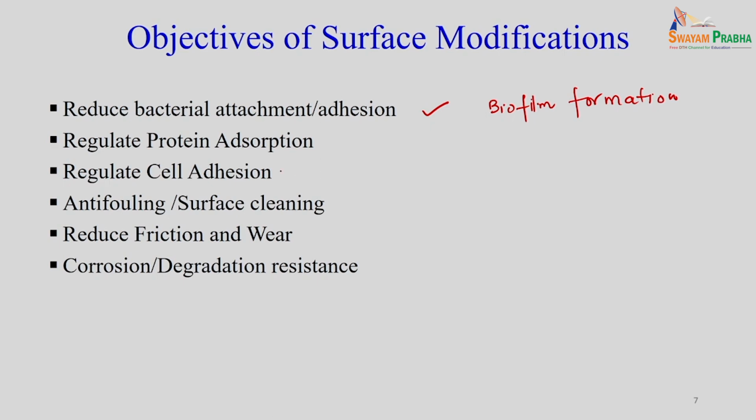To regulate cell adhesion, to design anti-fouling or self-cleaning surfaces, also to reduce friction and wear, and to impart corrosion and degradation resistance. I have listed these few examples where we need to modify the surface to achieve these objectives. So, we will discuss them one by one.